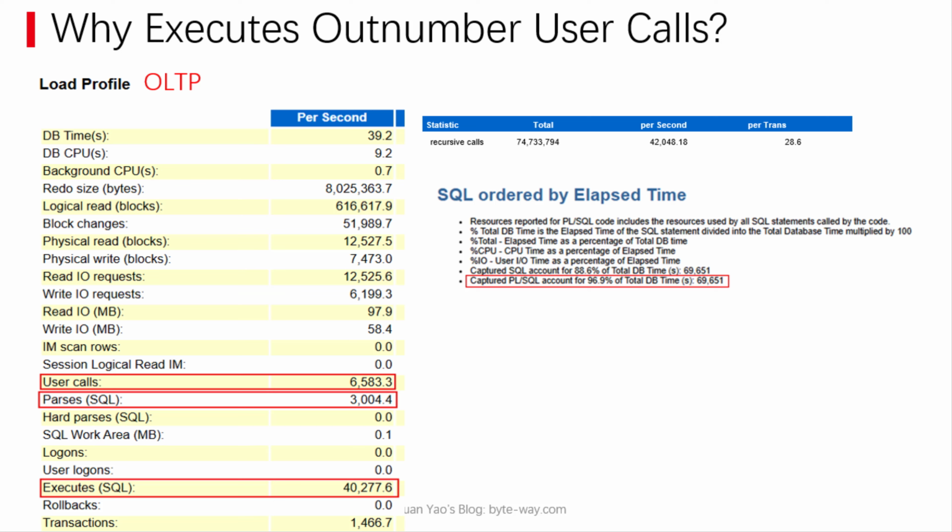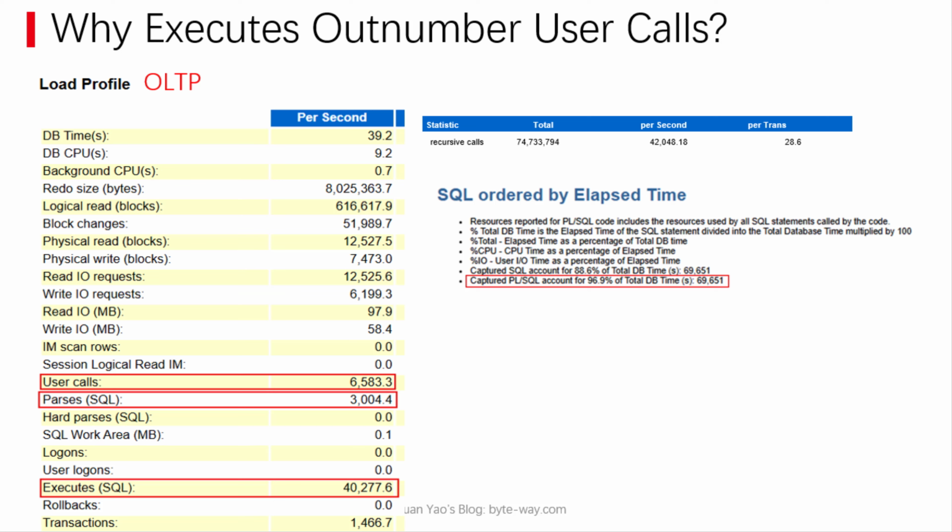Now, here's the strange thing in this OLTP application. Parses plus executes is around 43,000 per second, but the user calls are just 6.5 thousand per second. A reasonable guess is that the application is calling many PL/SQL procedures.